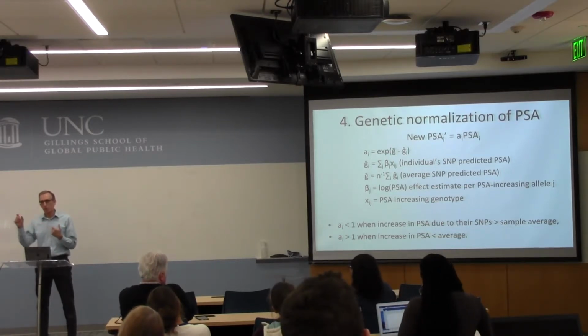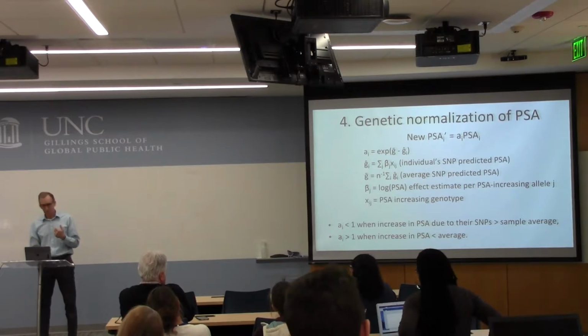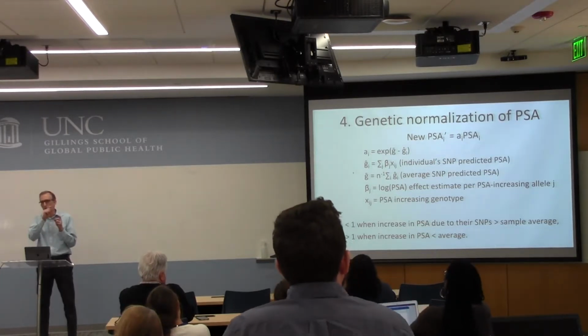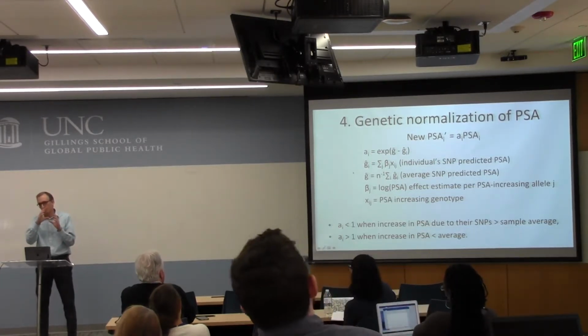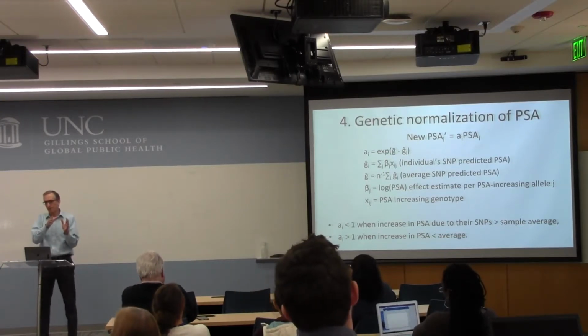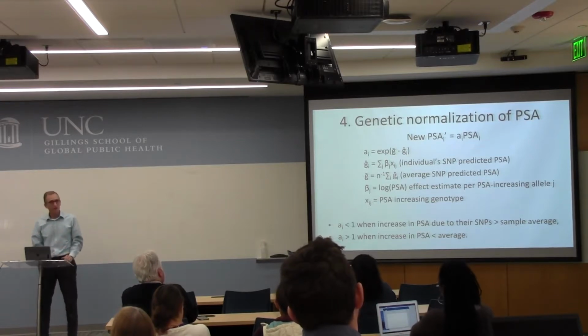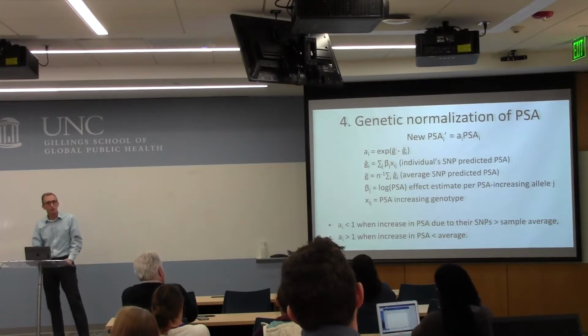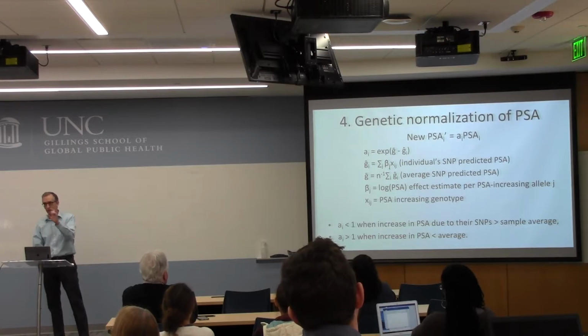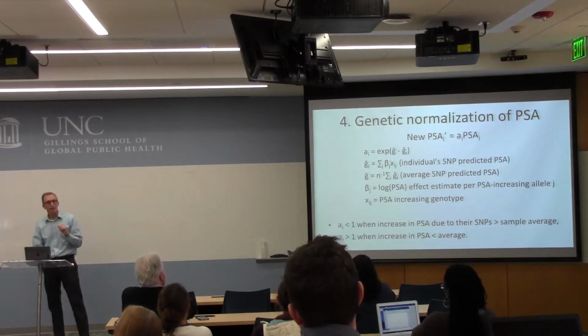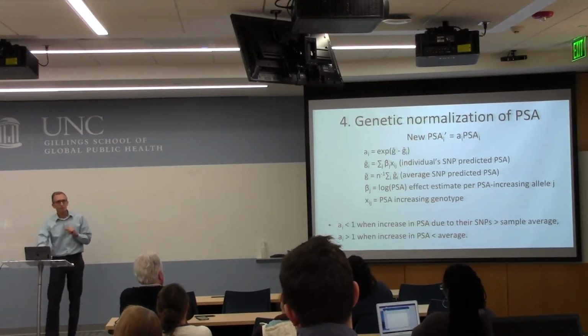And if I carry 1 or 2 copies, then I get this G hat, which is the sum across the products of the regression coefficient for that KLK3 SNP and what I carry in that gene. And then the average is just the average of these in your population. So we're going across an individual, taking the 40 SNPs that we found and calculating their predicted genetic component of their PSA, and then the average.